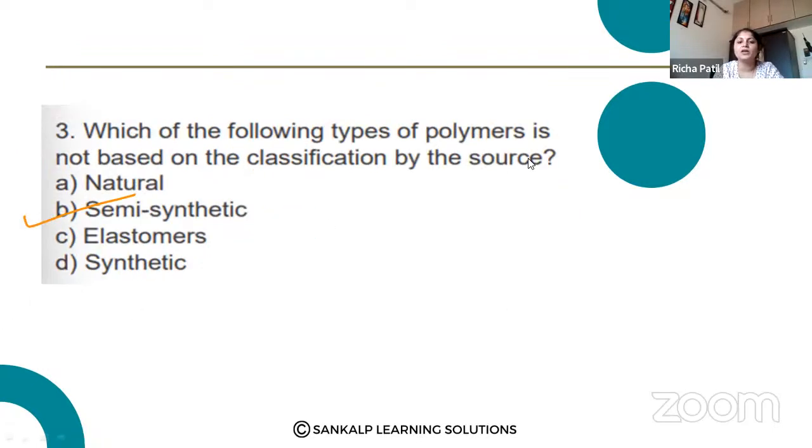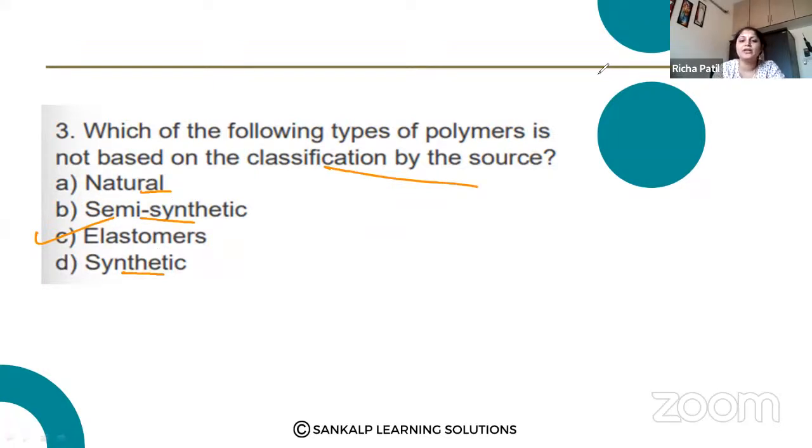It is B. Next: which of the following types of polymers is not based on the classification by source? You know what the types of polymers based on the source are. Yes, elastomers, right? Correct. Many have answered it right. Good. So it is elastomers. Natural, semi-synthetic, synthetic are the classification by source. Okay, good.